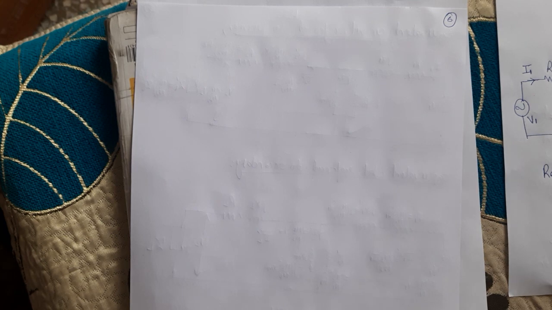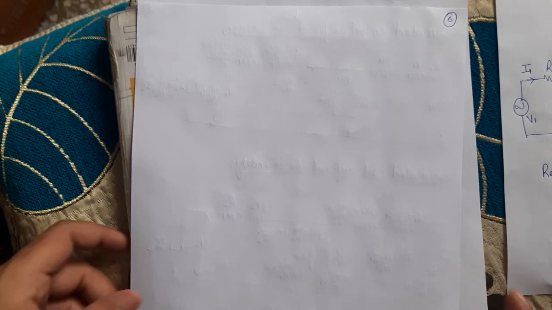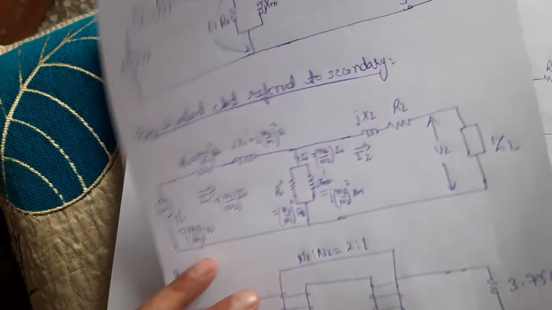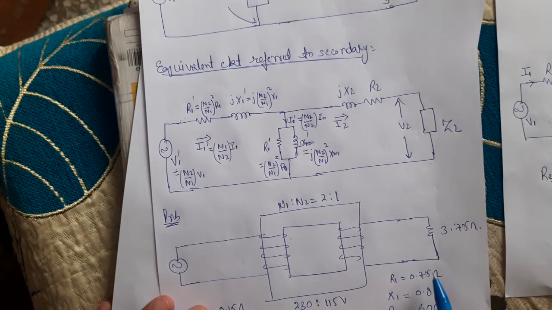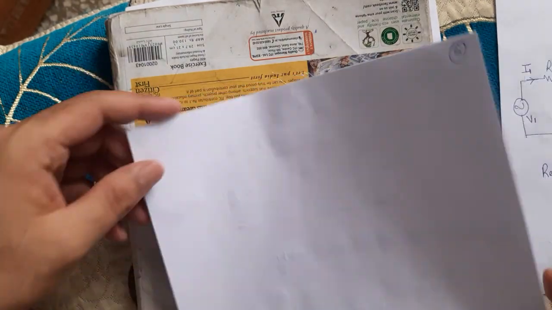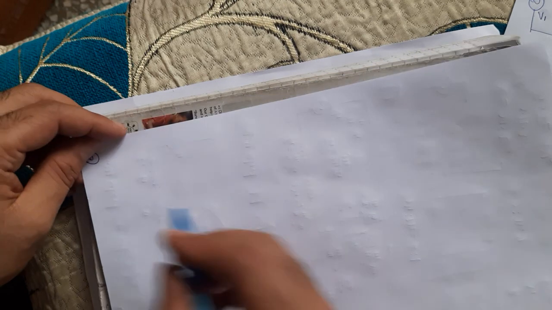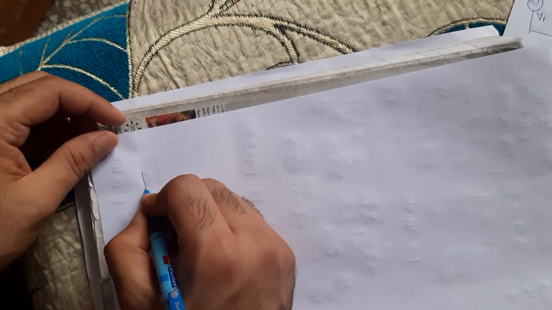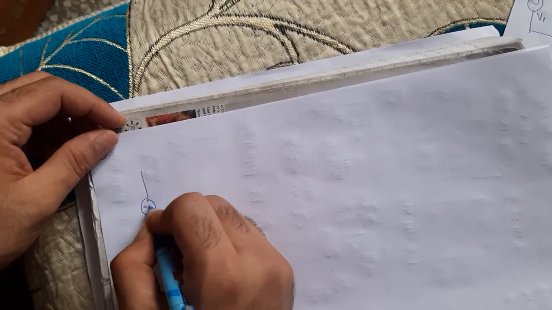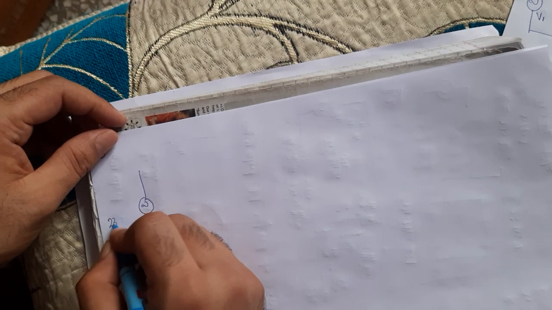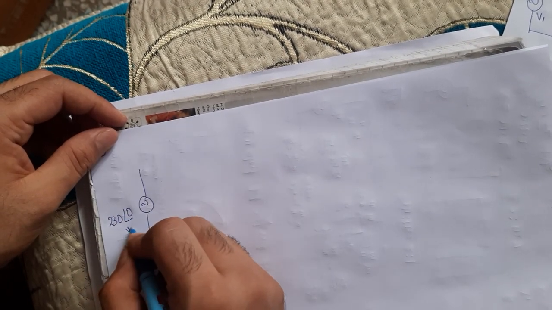So I will draw the equivalent circuit when the secondary is referred to the primary side. Let me draw it like this, because I need more length of the page here. When the secondary is referred to the primary, the primary will remain as it is. I have a primary source here, 230 angle 0 volts.